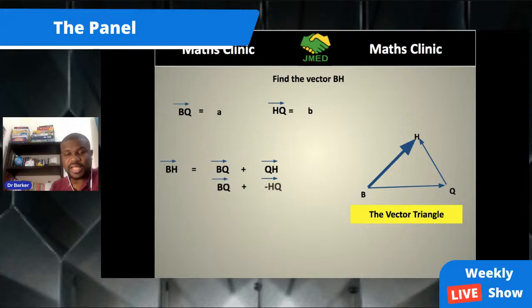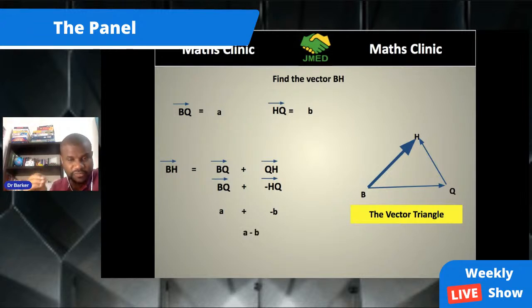We know what happens here. The sign has to change, and we flip them around, because the information we have is HQ, not QH. So we need to get QH in relation to HQ. We know that BQ is A, and we know that QH is minus B. And to simplify, it's just A minus B.